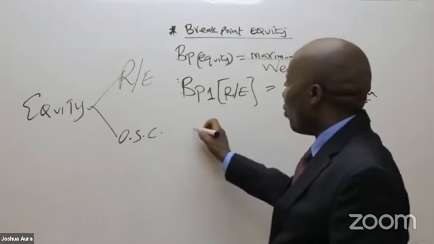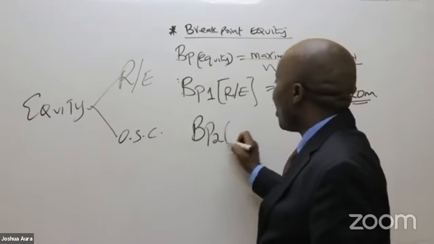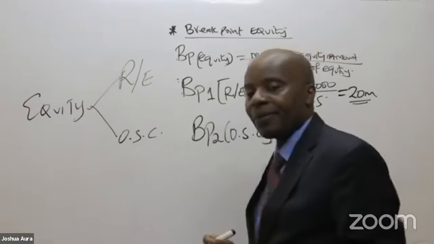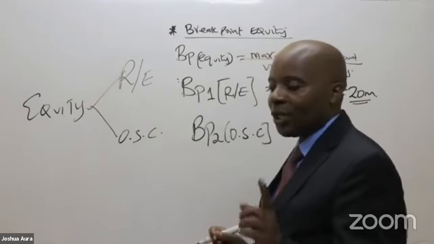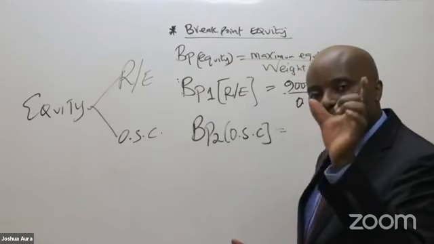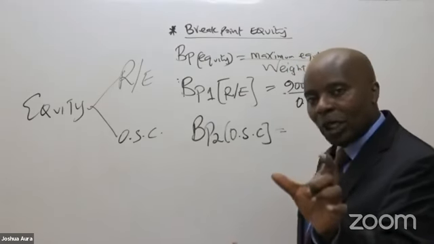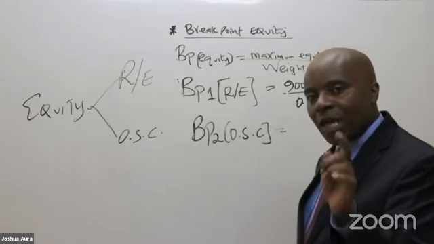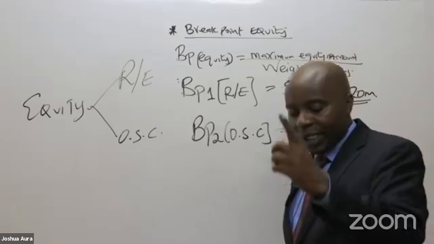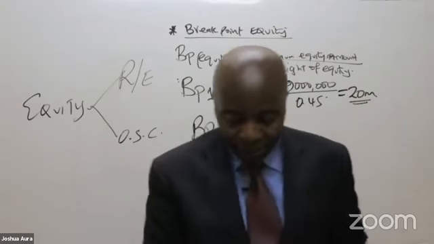Now we are looking for the second break point, under equity of ordinary share capital. The same concept: I will look for the maximum amount which will be raised from this ordinary share capital divided by the weight of equity. So please take me back to the question.